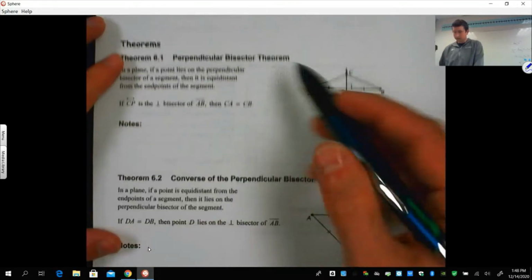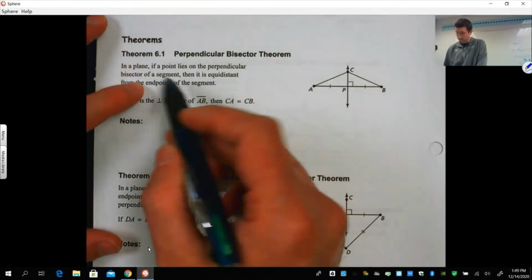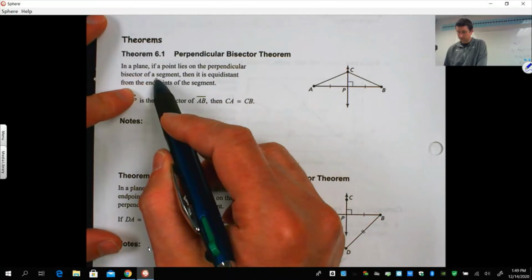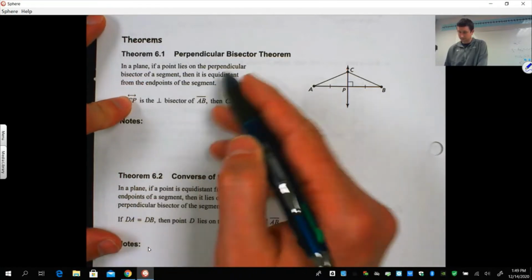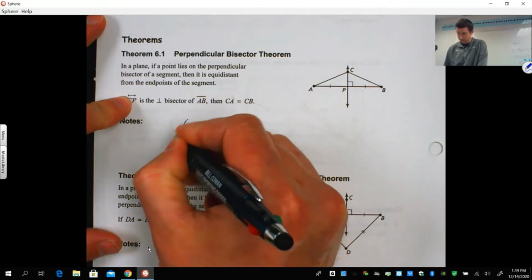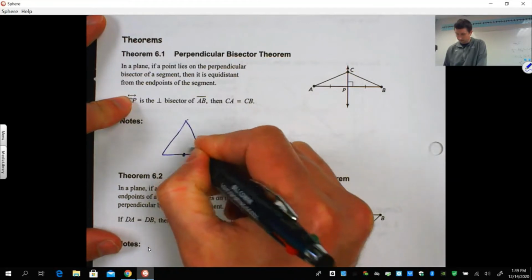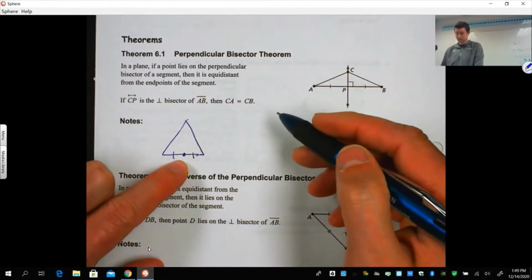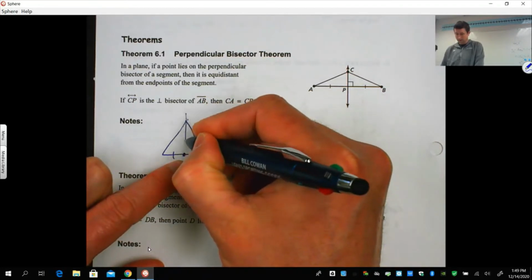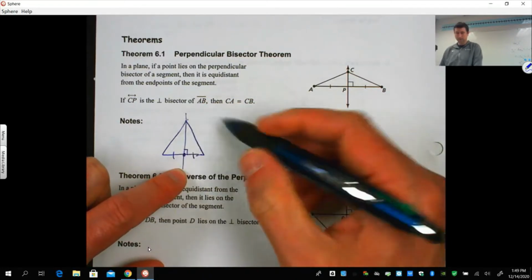So this was our perpendicular bisector theorem. If a point lies on the perpendicular bisector, then it's equidistant from the endpoints of the segment. If I know I have a triangle here, and I know that this is congruent to that, and this is a right angle, so this is a perpendicular.